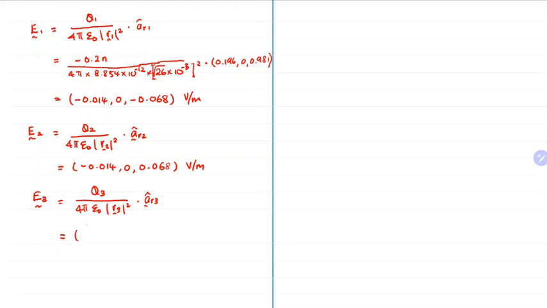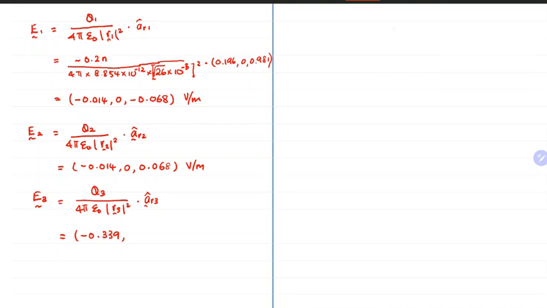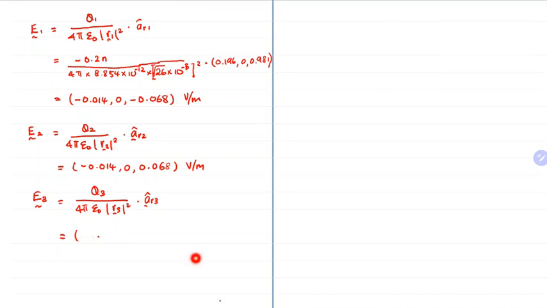That should give us (0, -0.339, -1.695) volts per meter.